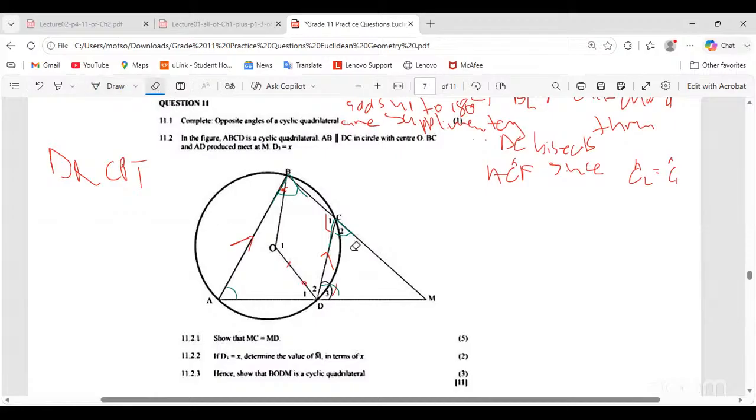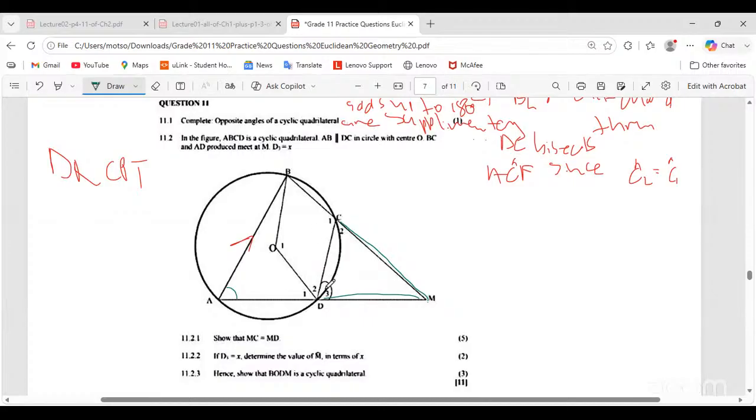Now, question 11.2.1 requires me to show that MC, this line, is equal to MD. Now, that is the property of an isosceles triangle. What do we have to do with that? We have to show that this angle is equal to that angle.